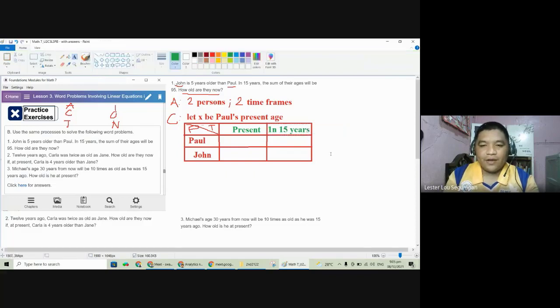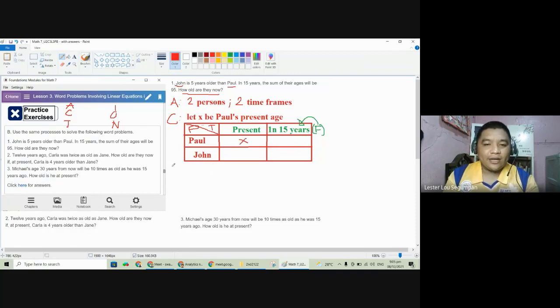You could also label this as future, but I am just labeling it in 15 years so that this will help us assign values later on. Take note, we are still in step 2 or step C, considering. Now we have given x to Paul, so Paul at present will be having x.